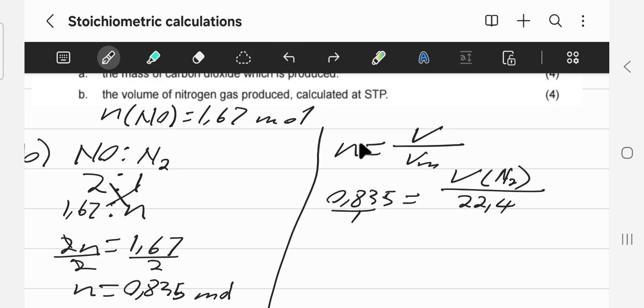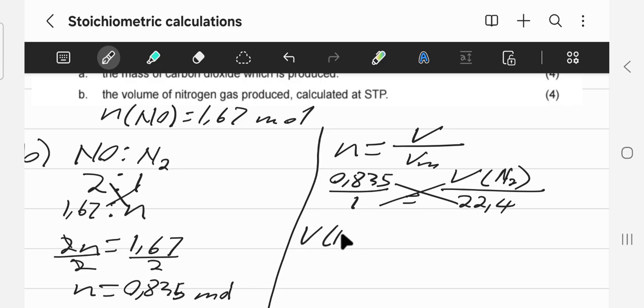So it's going to be 0.835 divided by 1, and then I'll cross multiply. I'll say V multiplied by 1. For the volume of nitrogen, even if you just write V, that's okay. The reason I'm putting N2 in brackets is because I want us to be aware that we are looking for the volume of nitrogen.